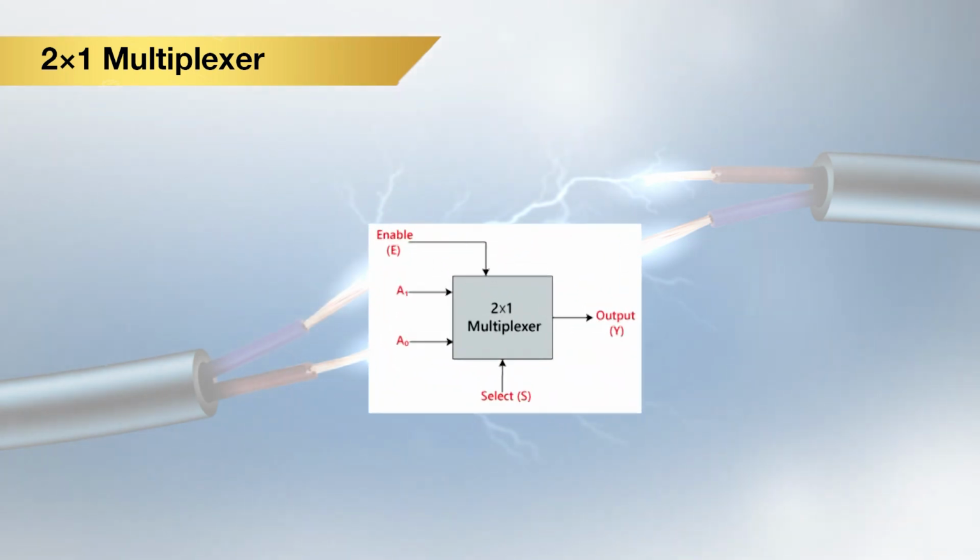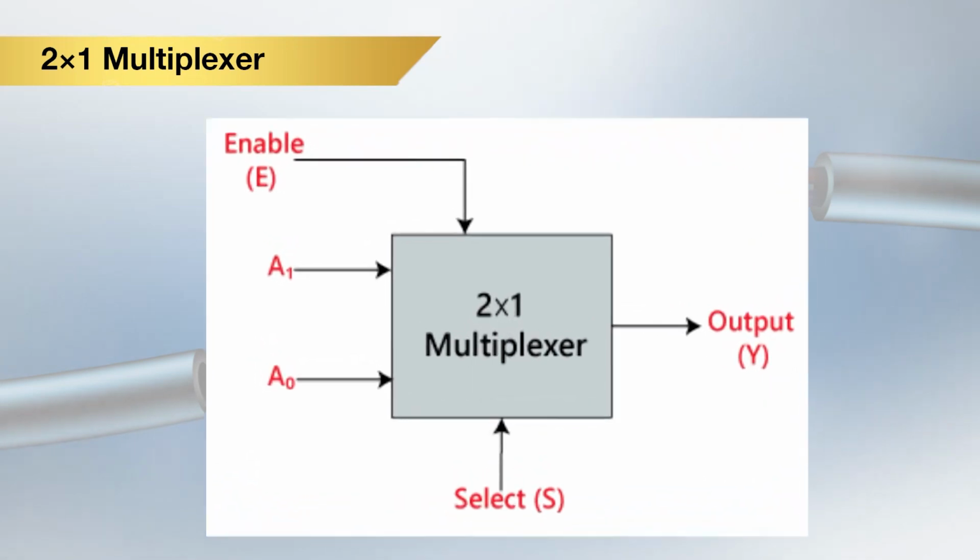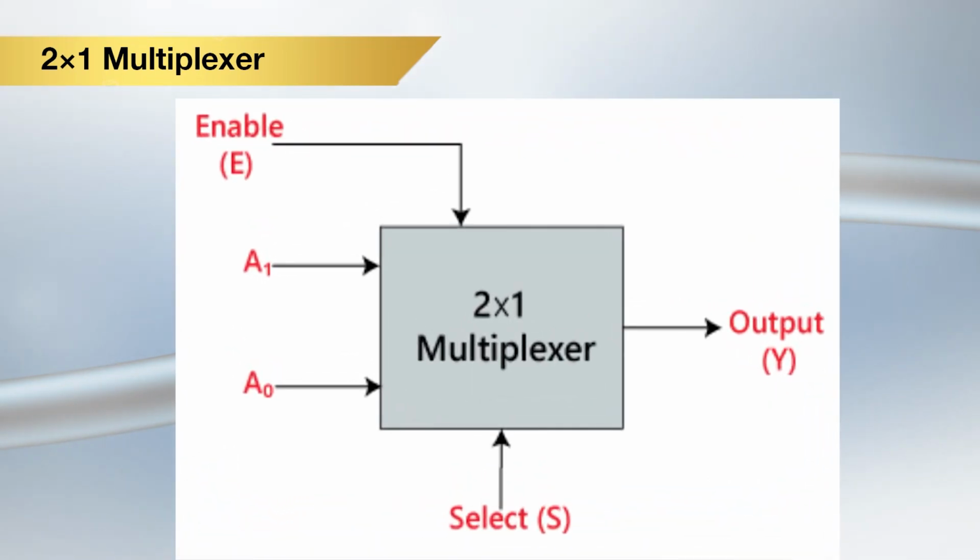This shows the block diagram for a 2x1 multiplexer. Here we can see 2x1, that means 2 input lines and 1 output line. There will be an enable line and there will be the selection line.